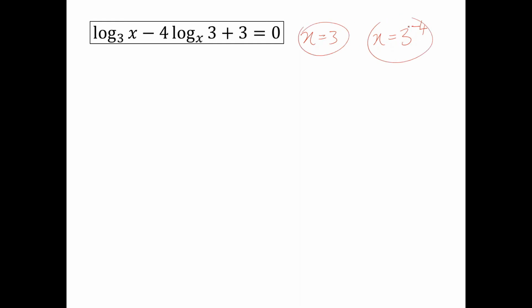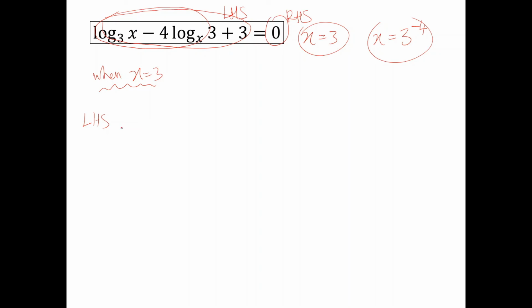Okay, so we start with x equal to 3. For the case of x equal to 3, all of this is left hand side, this one is right hand side equal to 0.